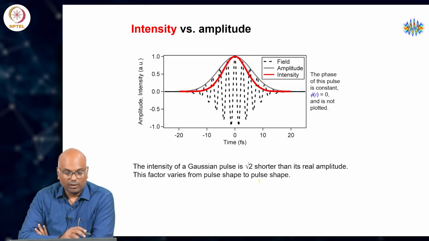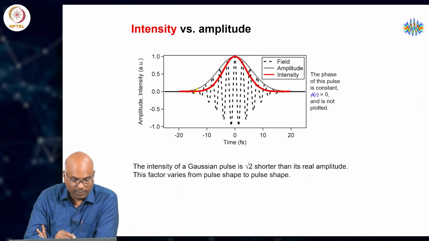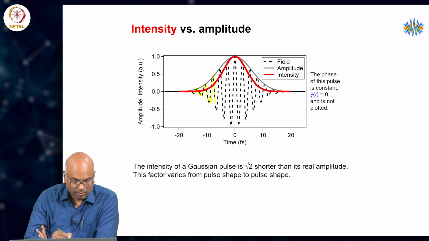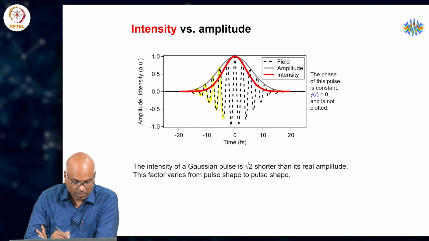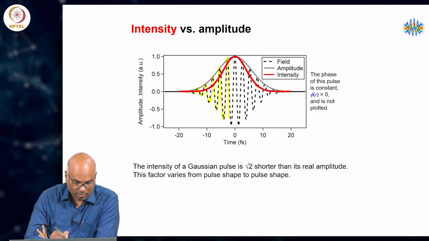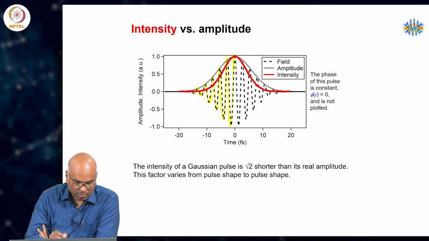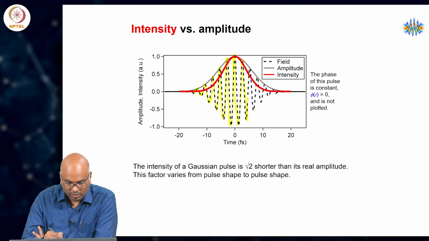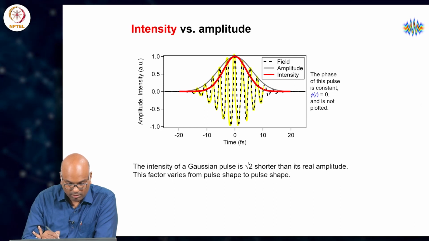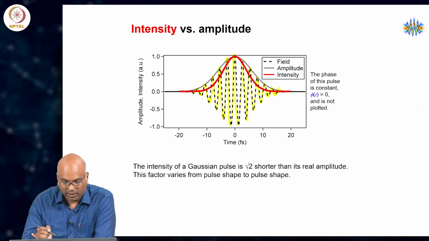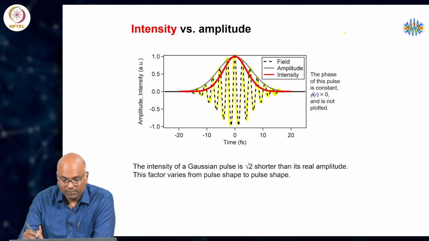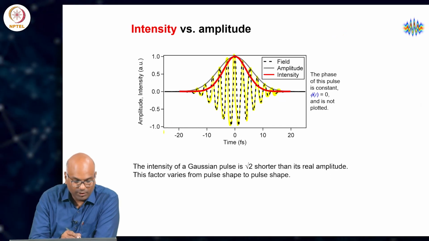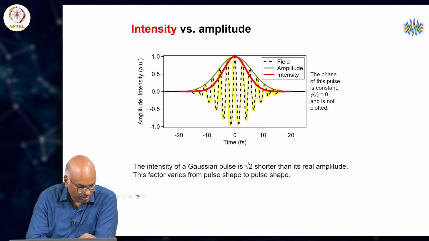Now, this is a good view of how, for the same pulse with a uniform constant frequency carrier, we have the amplitude being Gaussian.